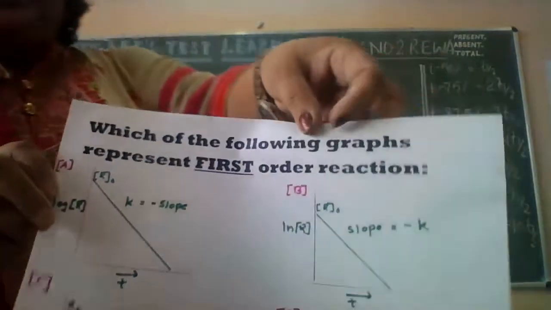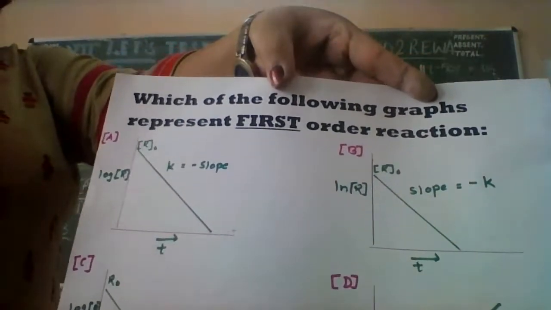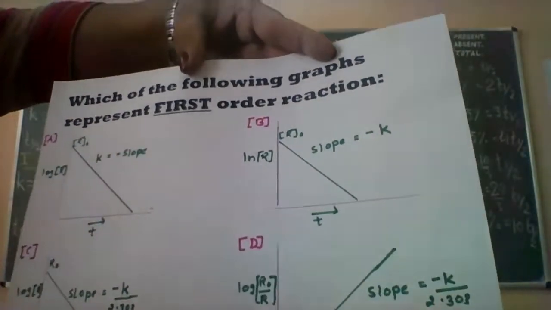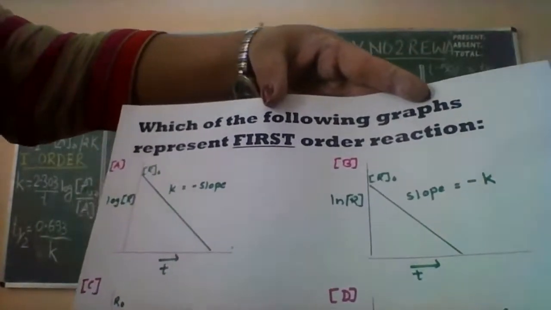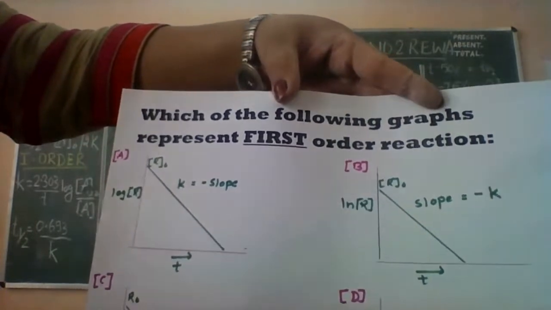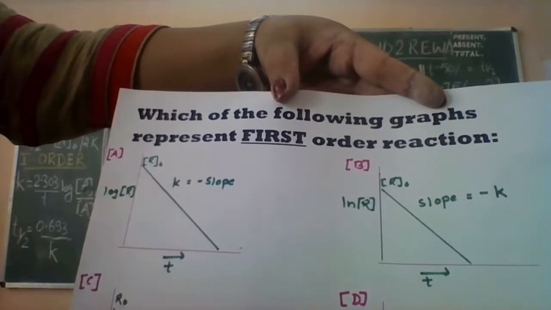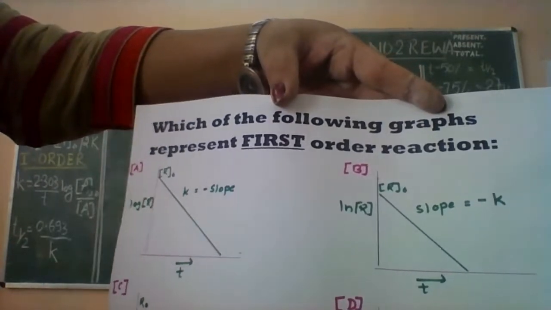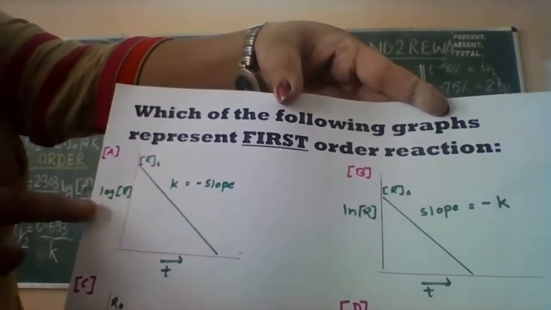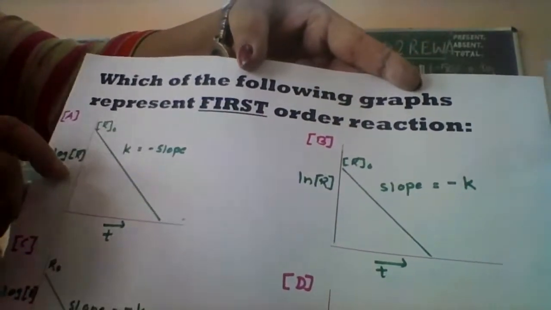Now I'm going to discuss the answer. The first one, A: log R is on the y-axis and t is on the x-axis. That means the axis variables are correct. But it is the base 10 log, log I have written, I have not written ln.